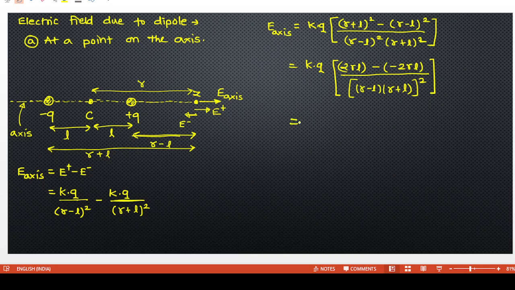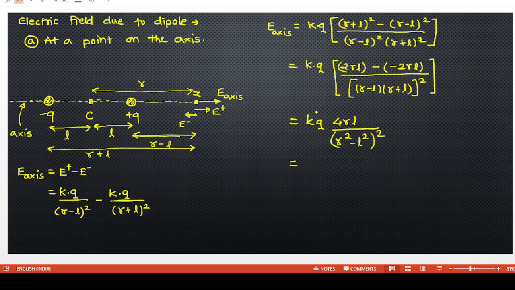Now you get the final answer kq, this 2rl plus 2rl is 4rl. This is r minus L into r plus L. A minus b into a plus b is a square minus b square, so r minus L into r plus L is r square minus L square, but this is again whole bracket square.